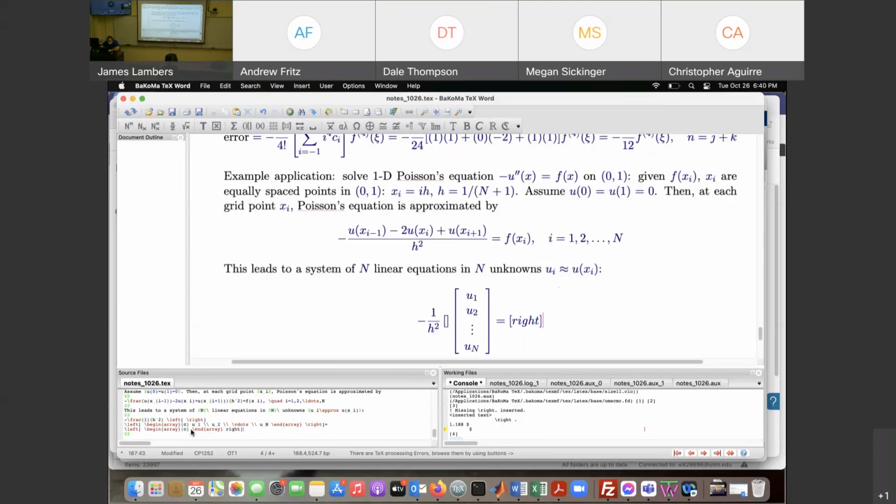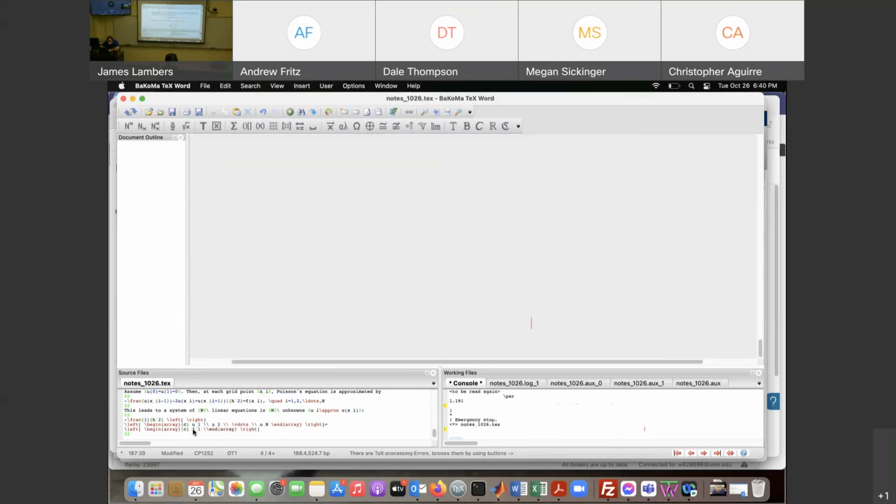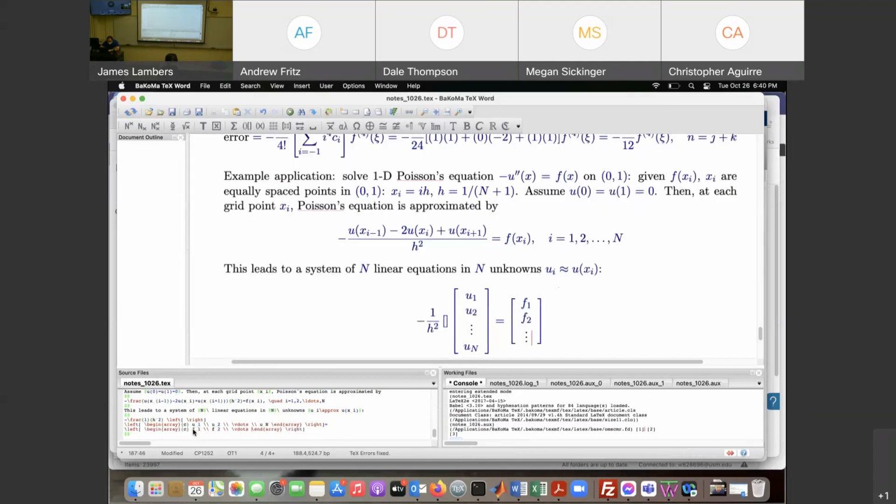So then I have values of f on the right side. In the matrix, what I'll have here are the coefficients. I've already factored out the minus 1 over h squared, so I'll have coefficients 1, minus 2, and 1.